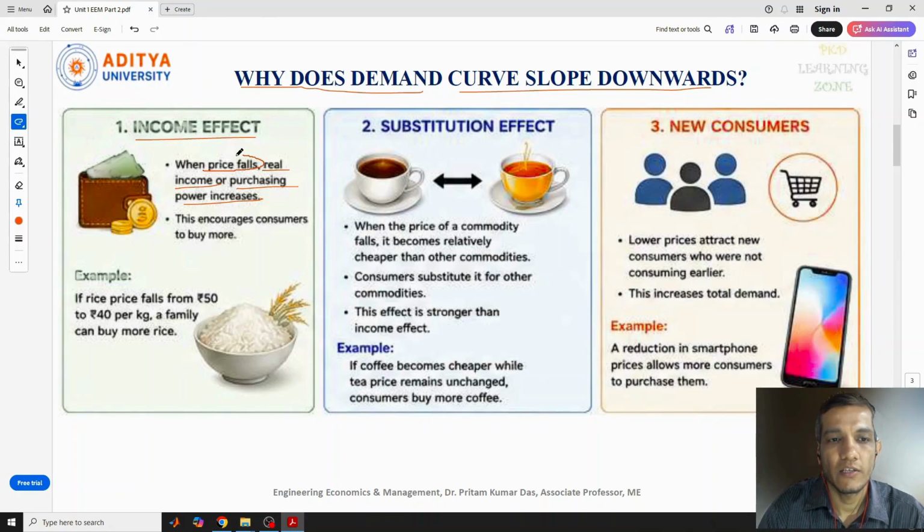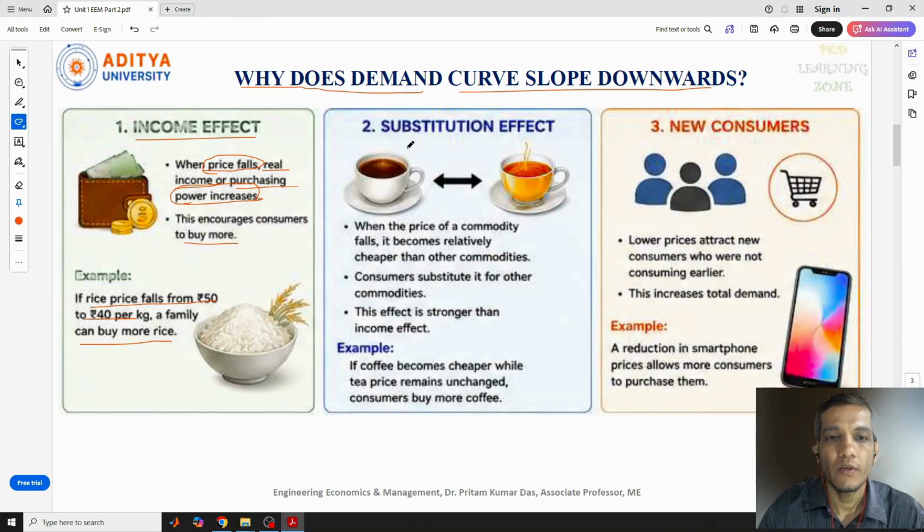If the price decreases, we can purchase more at the same income, so that encourages consumers to buy more. For example, if the rice price falls from 50 rupees to 40 rupees per kg, the family can buy more rice with the same amount.